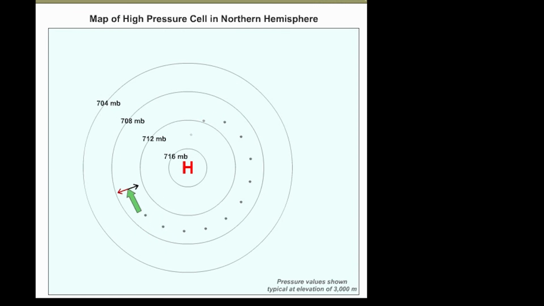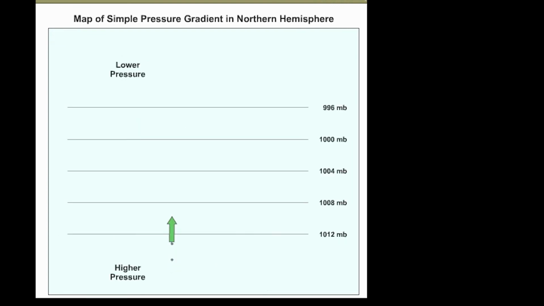Without friction, such as in the upper atmosphere where friction is negligible, as we've seen before, Coriolis combined with the pressure gradient force would mean that the wind would move parallel to the isobars. But with friction, the deflection effect of Coriolis is reduced, so it doesn't quite bend as far as would be predicted without friction.